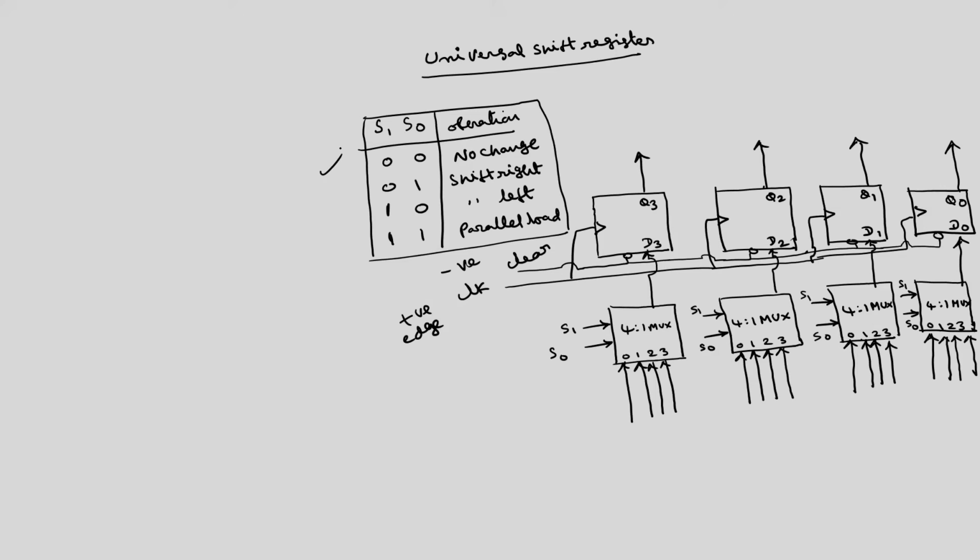Now, to satisfy this table, 0 0 is no change. So, what should be this 0th input, 0th input, 0th input, this 0th input, such that these 4 flip flops will remain in the previous state only? For that we have to apply here Q3, here Q2, here Q1, here Q0.